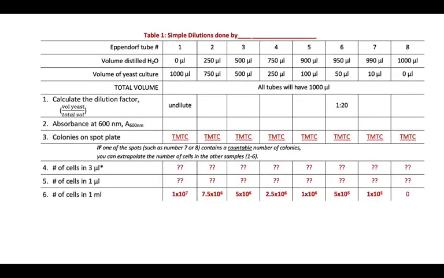Now we've filled in all these numbers. And just in case you forgot, we started with 1 times 10 to the 7. And if we've got a dilution factor of 1 to 20, which we derived from our volume of yeast, 50 over the total, which was 1,000 microliters, because it's 950 plus 50.